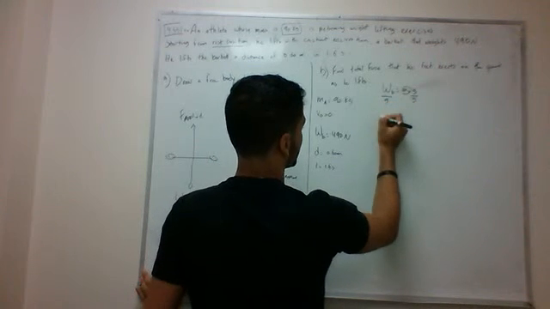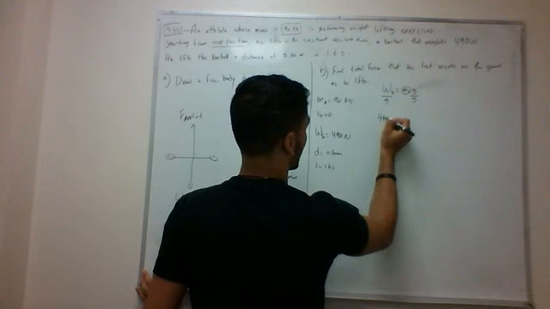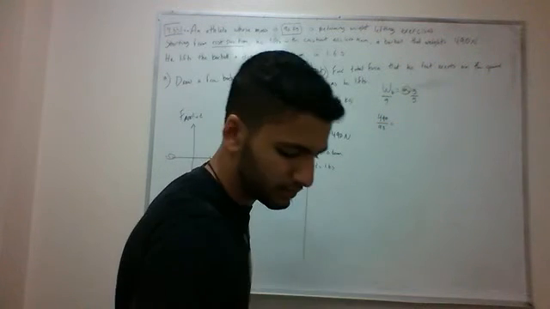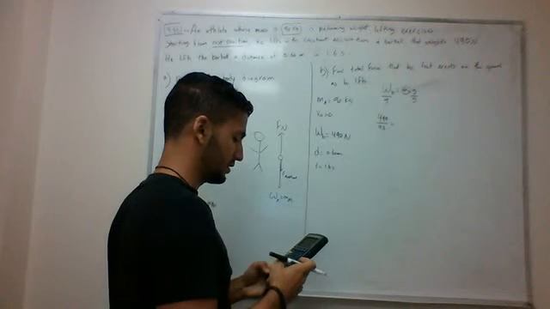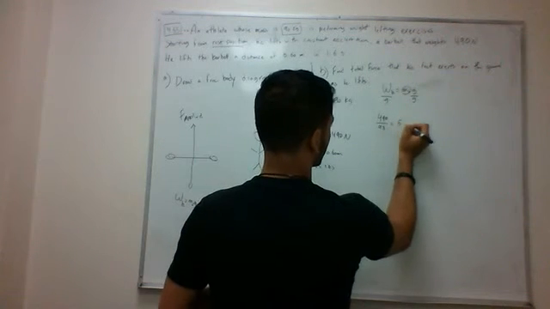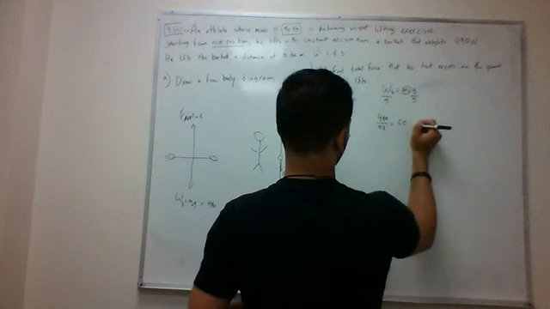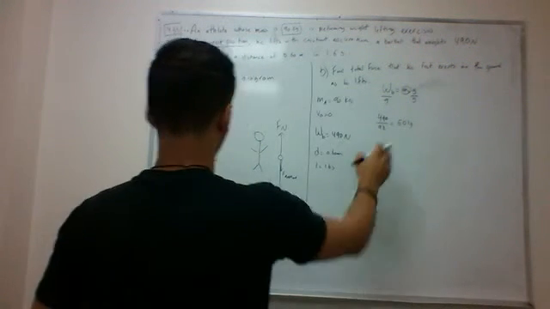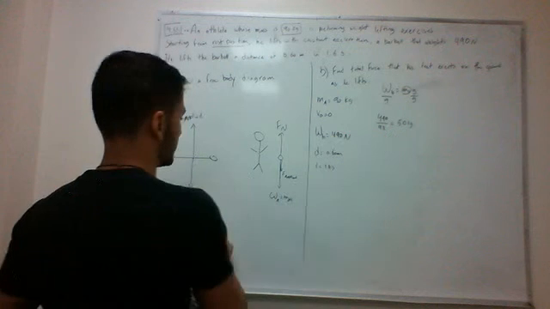So divide both sides by g. It's going to be 490 divided by 9.8, which is going to give us 50 kilograms. Okay, so now we found the mass for the barbell.